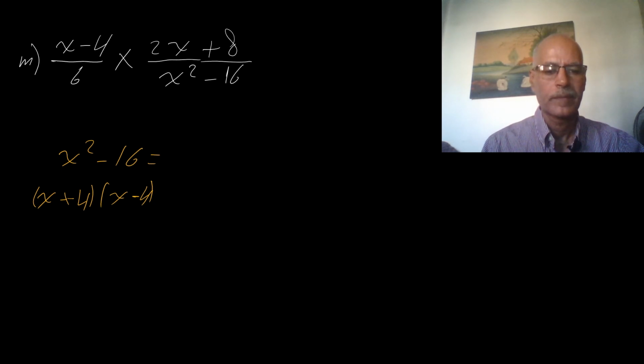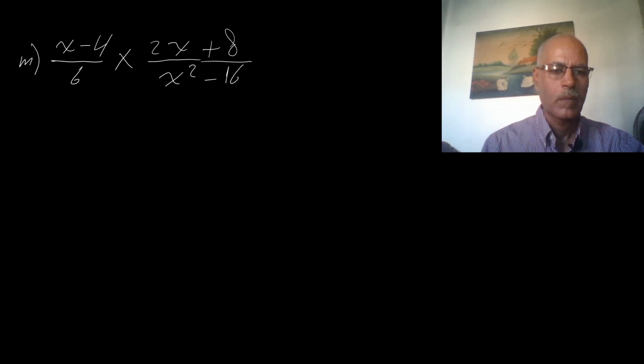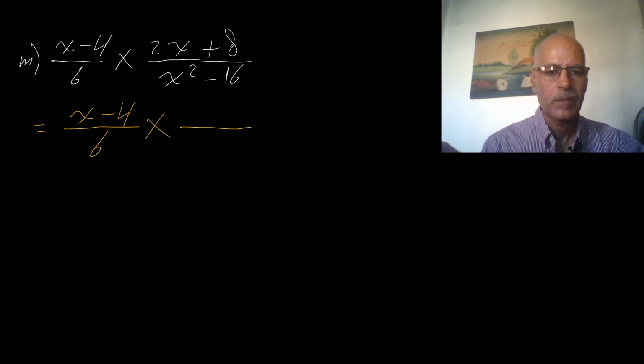Okay, it's equal. X minus 4, I write x minus 4 over x times 2x plus 8. Here I take 2 common.